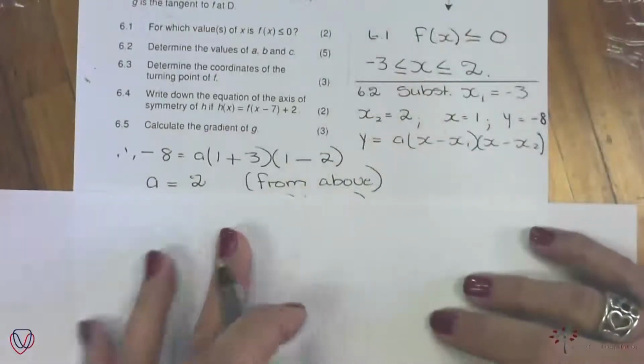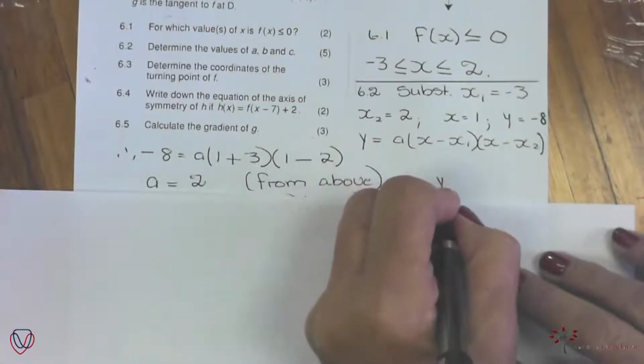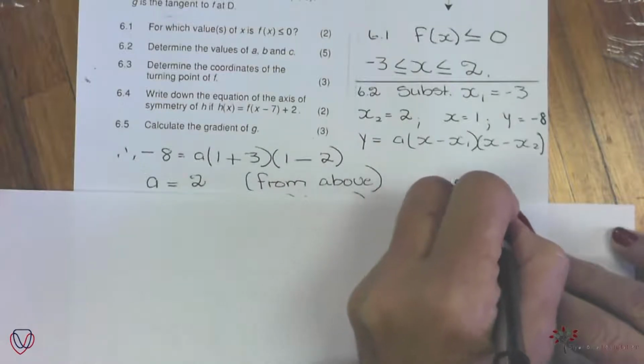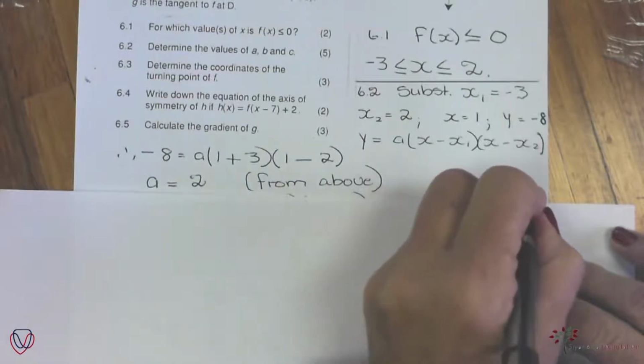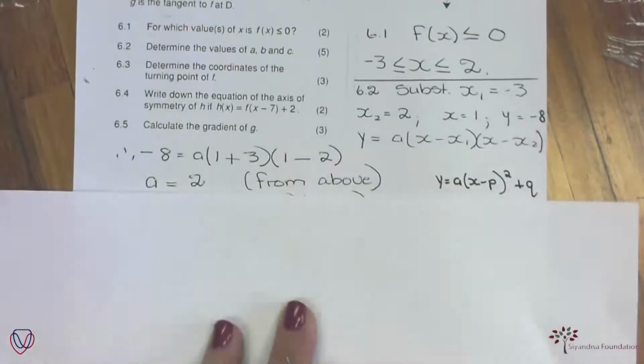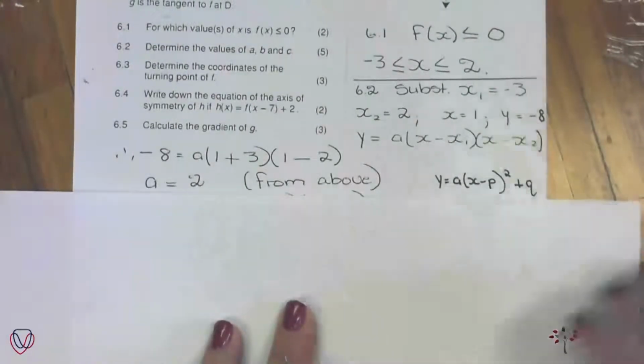Where do we start if we have the turning point and another point? That is where we start. The p and the q will be the turning point. The x and the y will be the other point on the graph.